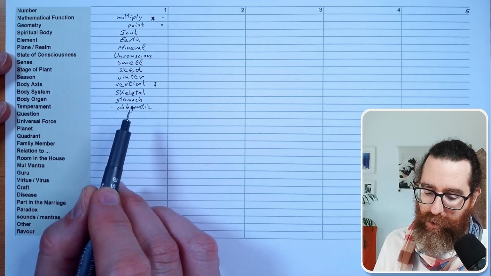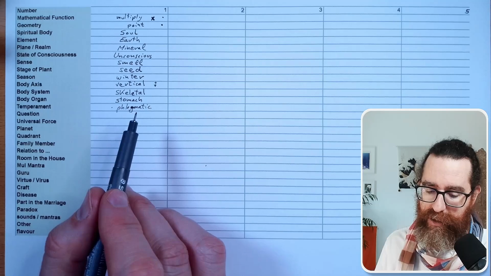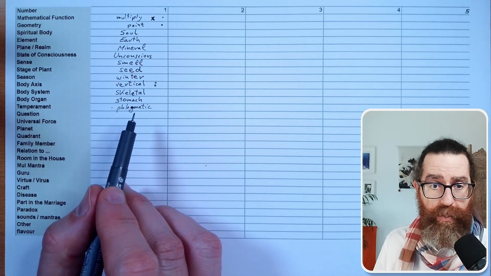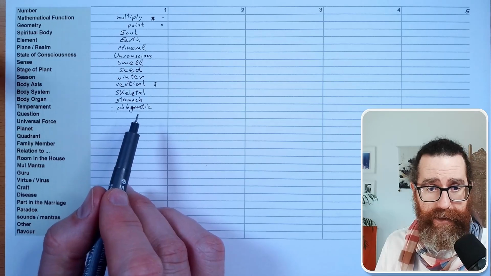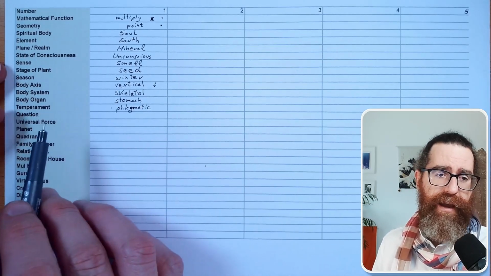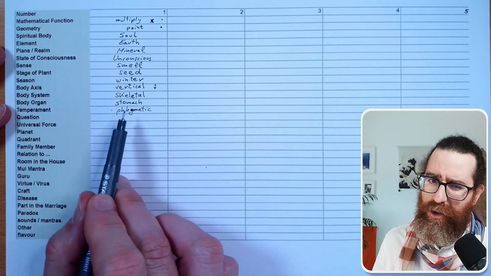But you could also think of the temperament associated to the earth. So there could be something like dry, but also calm and stable and static and steady. This is kind of the temperament that I would go more with. If I have to think of temperament, I don't generally go to these 4.